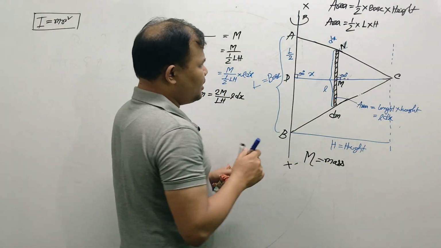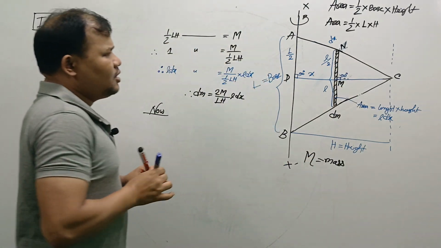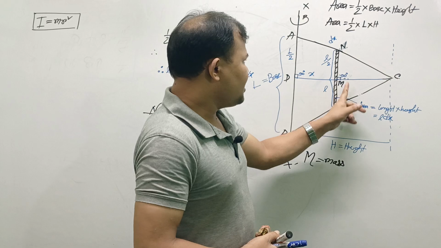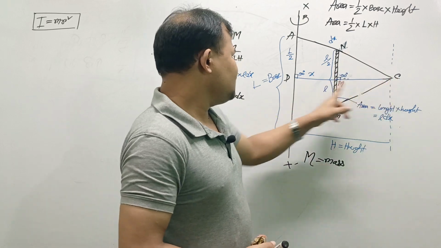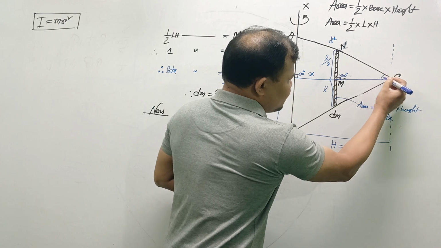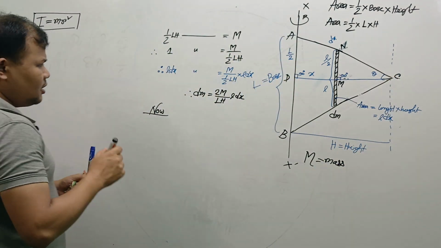The value of NM will be small l divided by 2. So here we can see two right angle triangles: one is CMN and another is CDA. Both are right angle triangles, and the angle is the same, theta.